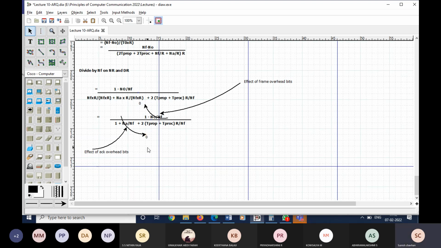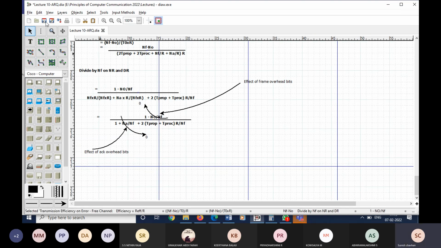Right? So the remaining terms, that is 1 divided by 1 plus 2 times T propagation plus T processing into R divided by NF. So this is what? This is the complete bandwidth of the channel, right? So of course R is the transmission rate of the channel, and this is the delay involved during the transmission of the frame, correct?